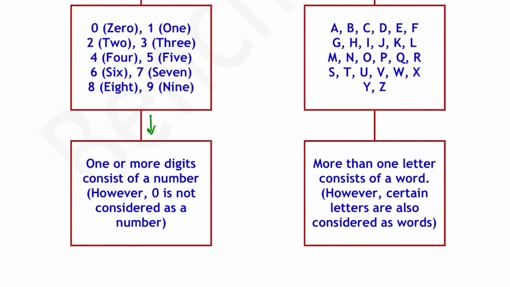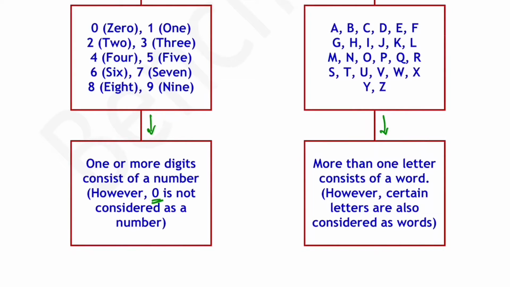Think of digits. Either one digit or more than one digit is considered as a number. However, there is an exception. Digit 0 is not considered as a number. Think of letters. In a general sense, more than one letter consists of a word.